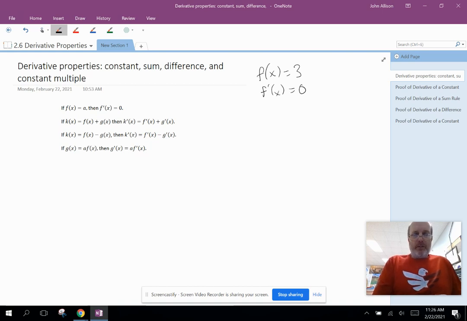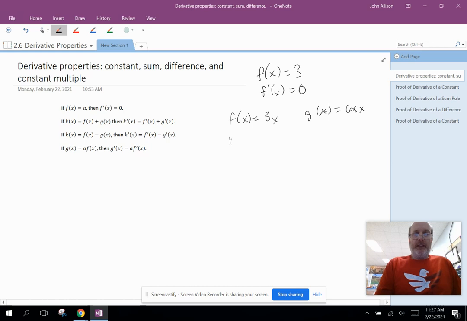Then the sum rule: if k of x is a sum of two functions, f of x and g of x, then k prime of x is equal to the sum of the derivatives. So the derivative of a sum is equal to the sum of the derivatives. That's the way I like to say that. In this case, let's say f of x is equal to 3x and g of x is equal to, let's go, cosine x.